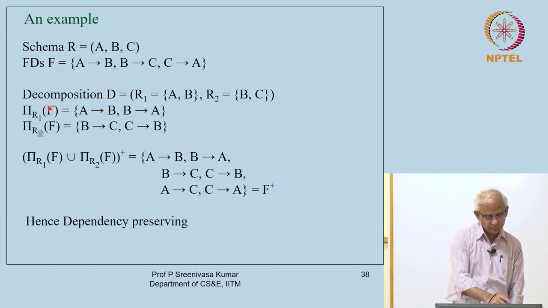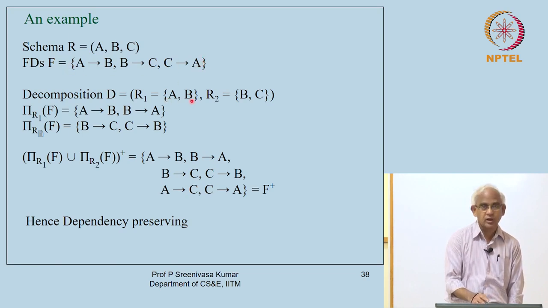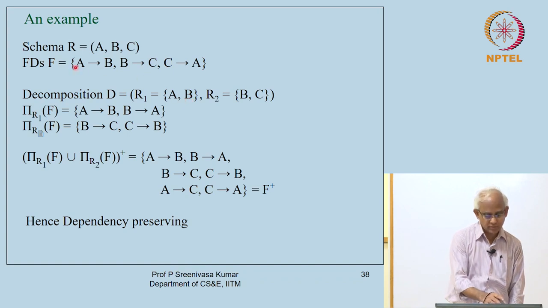Now, if you take pi R1 of F, it is all those FDs in F or F closure that are applicable to the scheme AB. Obviously, A determines B is applicable. B determines C is not applicable because C is not there. But because B determines C and C determines A, we have B determines A, and so that is actually applicable for our case. So A determines B, B determines A will come into the picture.